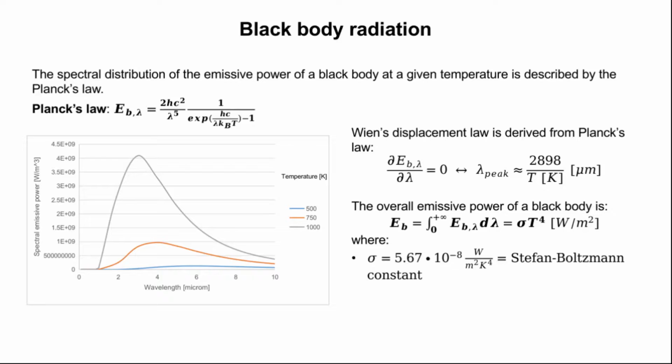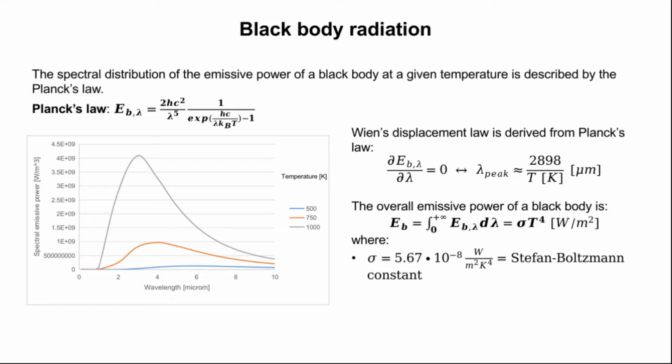As you may remember from the beginning of this course, the wavelength corresponding to this emissive power peak depends on the body temperature. According to Wien's displacement law, in fact, which is derived from Planck's law by setting the derivative of the spectral emissive power with respect to the wavelength to 0.